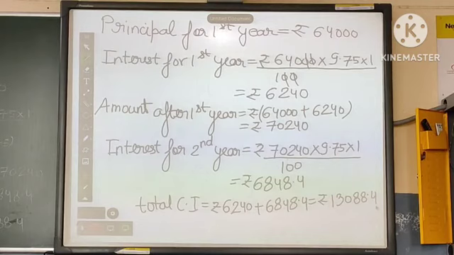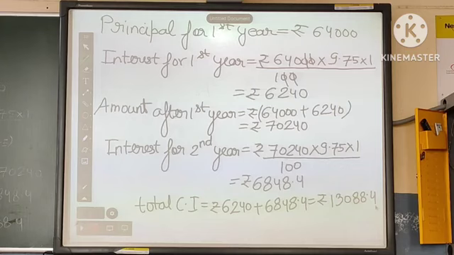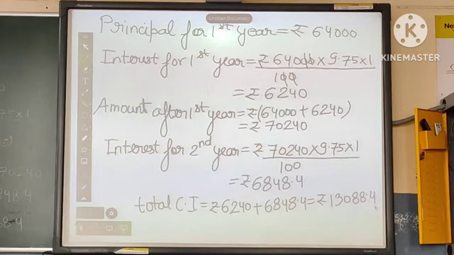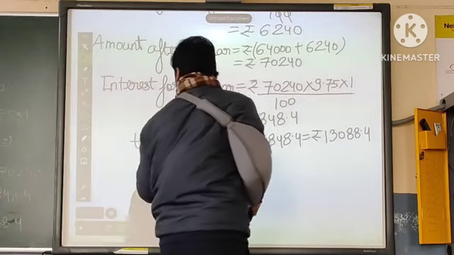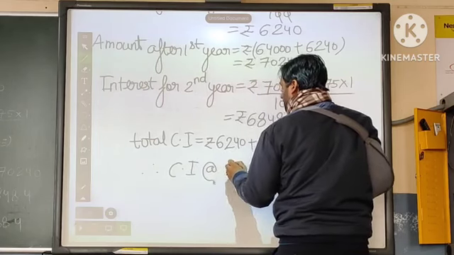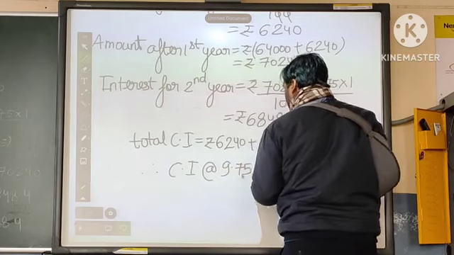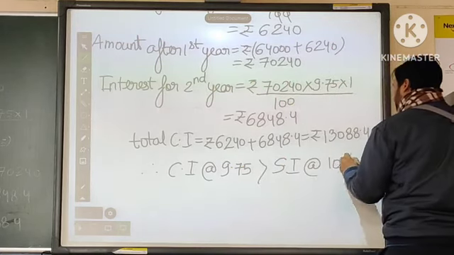Obviously, so the last line is what? Therefore, CI at 9.75% will be more than SI at 10%.